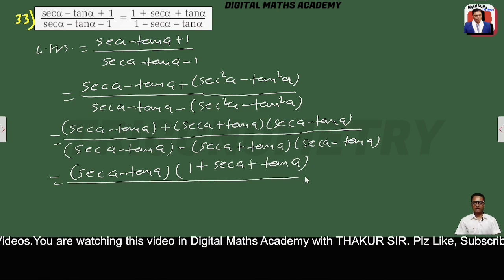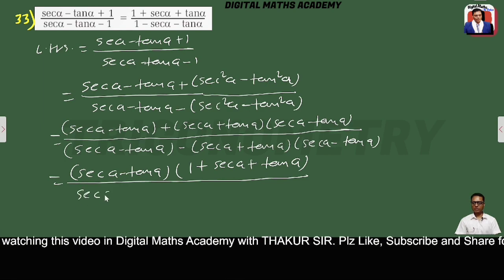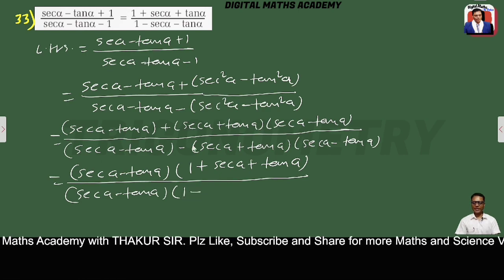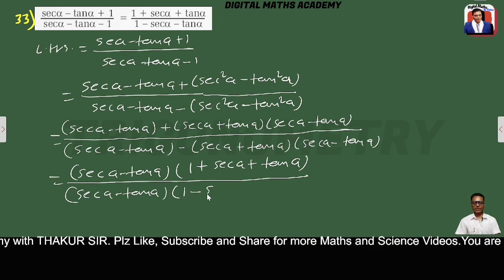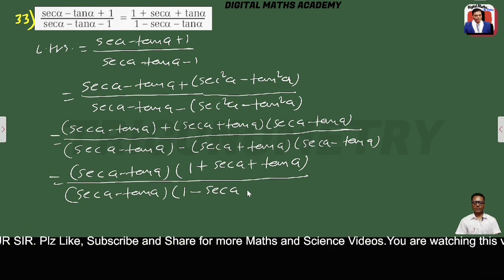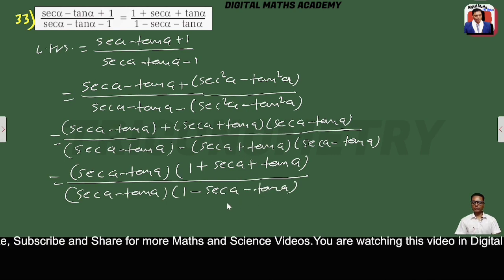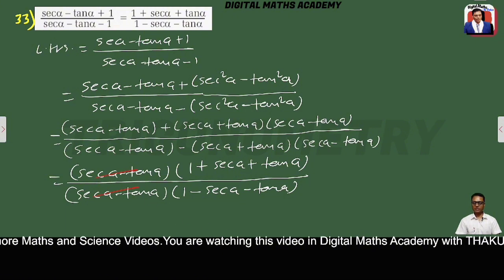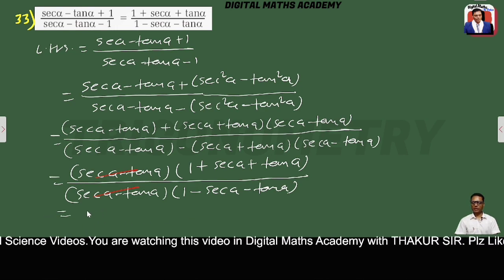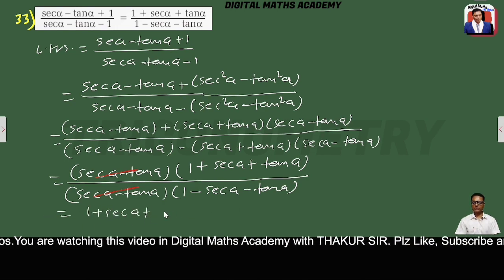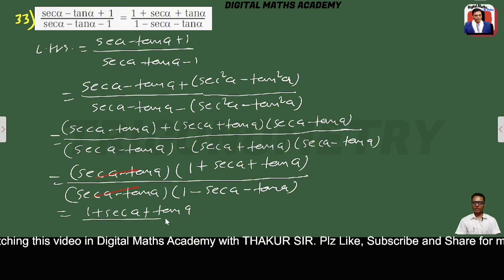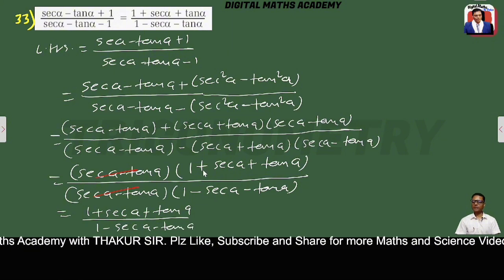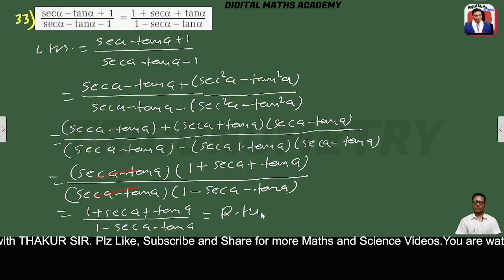And at the denominator sec alpha minus tan alpha we take common, then we have here 1, here is minus, so sign will be changed, so sec alpha becomes minus sec alpha, and this plus tan alpha becomes minus tan alpha. So in this way we see one factor will cut up and down, that is sec alpha minus tan alpha, that will cancel. Remaining we have here 1 plus sec alpha plus tan alpha, and here at the denominator we have 1 minus sec alpha minus tan alpha, right? That's our right hand side, and you can write here truth.